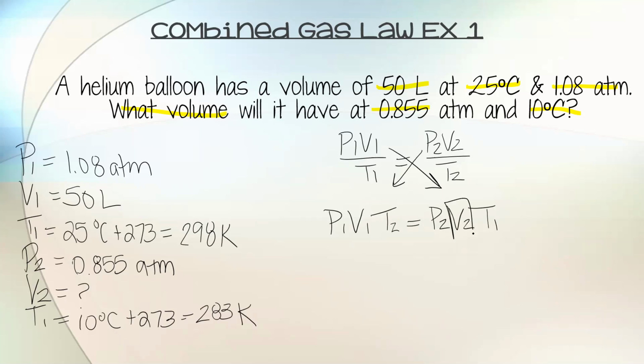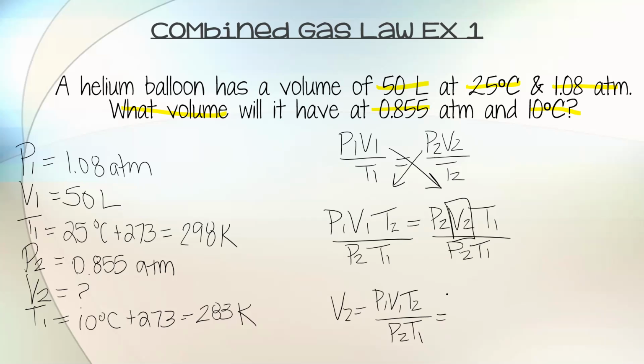So we're finding V2. So we're going to divide both sides by P2 and T1. Using parentheses will come of importance here. So V2 equals P1 V1 T2 all over P2 T1, or however you chose to set it up.